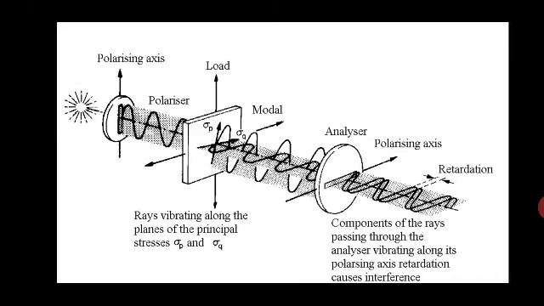Now, consequently, at all the points of the model where the direction of the principal stress happens to coincide with a particular orientation of the polarizer and analyzer combination, the light which is coming out of the analyzer will be 0. Remember this point.